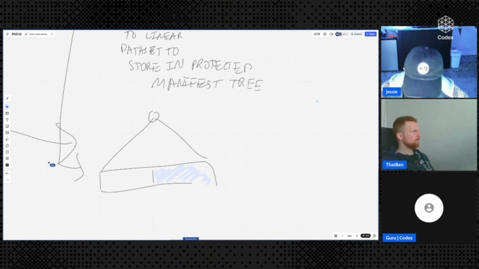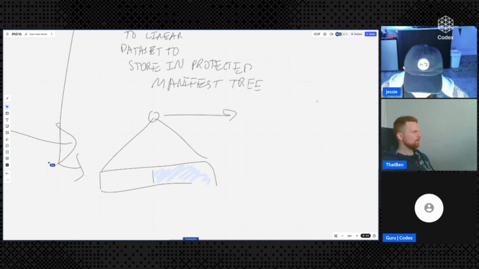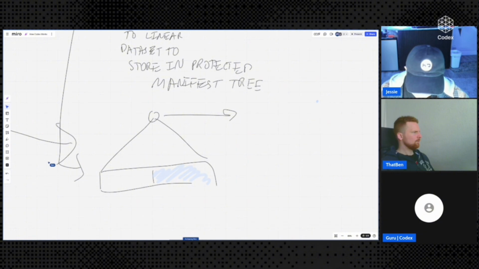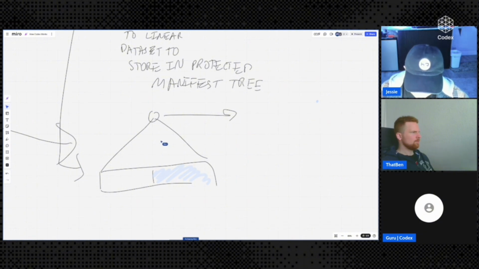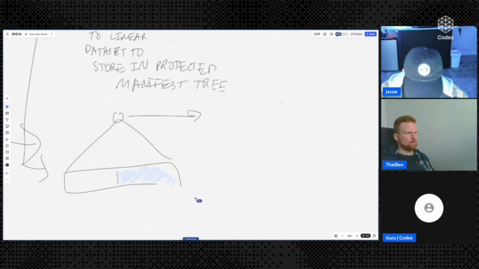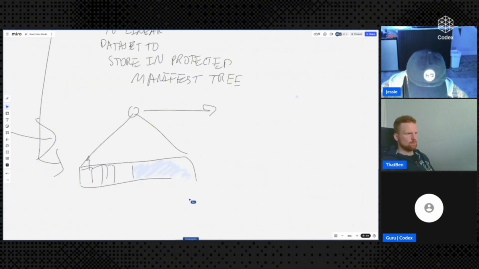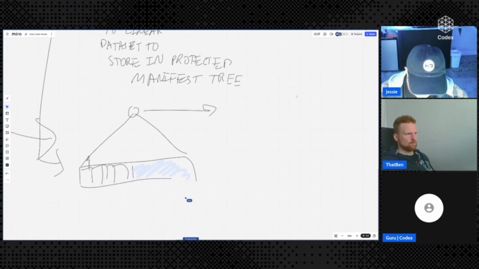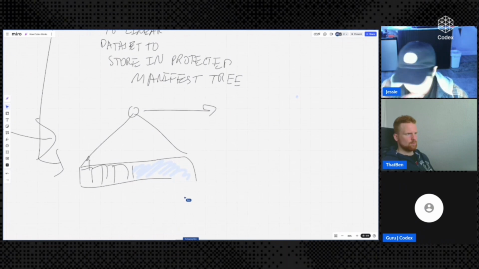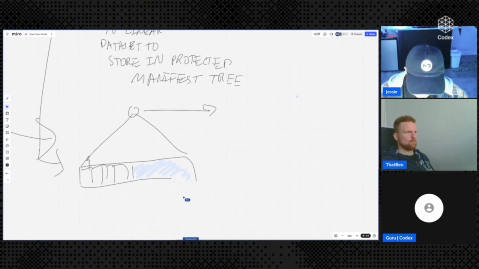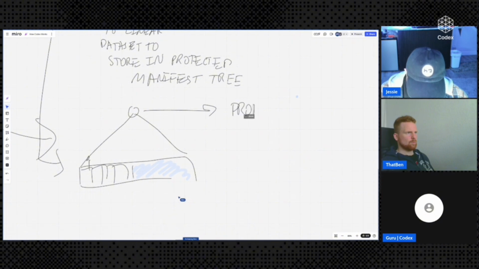In the same fashion that we created the original basic manifest, we're creating this protected manifest. So you have the hashes of each of these blocks, and you're hashing the hashes together in pairs, like Ben mentioned, until you get to the top, the root, and then you have the protected manifest.